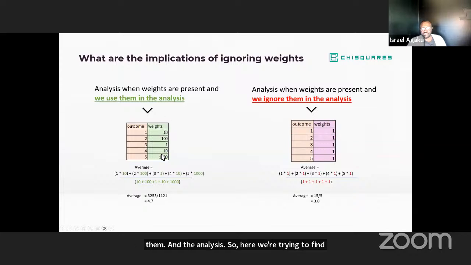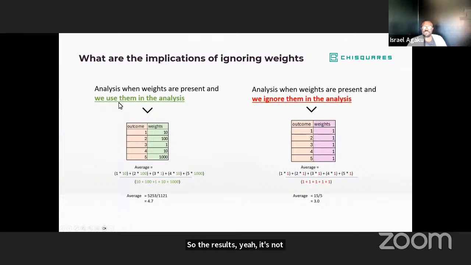When they are weighted and you account for them, the average is simply 1 times its weight plus 2 times its weight plus 3 times its weight plus 4 times its weight plus 5 times its weight, all divided by the sum of the weights. So the result here, we see that our average is 4.7.